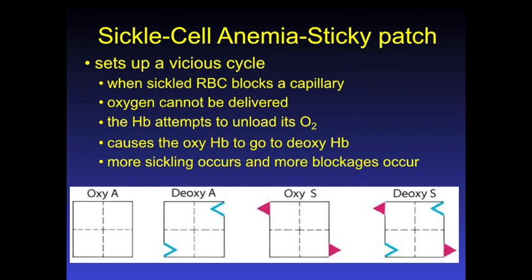The only way, if by chance a sickle cell gets up to the lungs, it will come back to a perfect round shape because the oxy form doesn't bind together. The oxygen can cause these to come and break apart. So if it gets up in the lungs, it's fine. But if any sickling happens far away from the lungs, then we can have lots and lots of blockages.